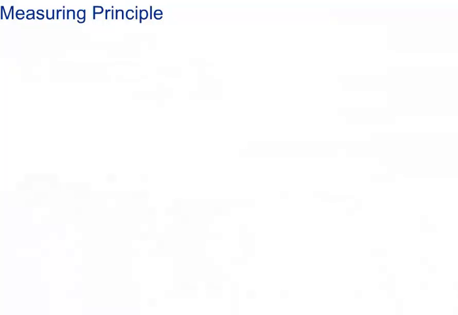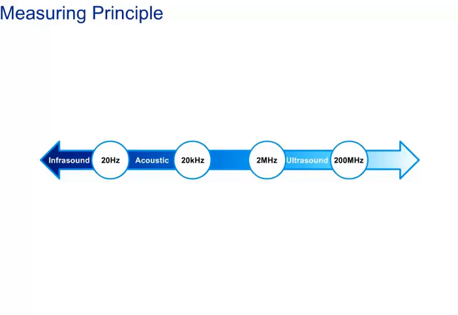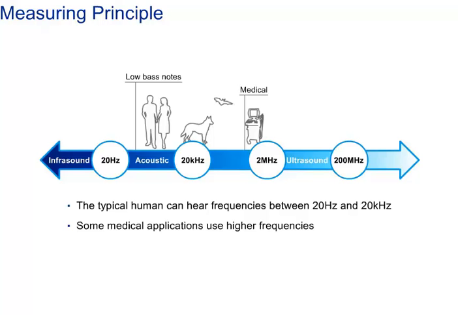To measure distance using sound, it's important to use the correct frequencies. I'd like to illustrate the use of the audio spectrum using a simple drawing. Here you can see that the typical human can hear frequencies between 20 Hz and 20 kHz. Medical applications also use ultrasonic technology, although at a much higher frequency.